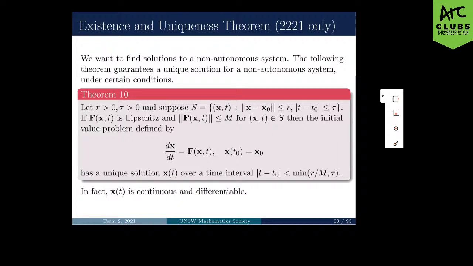What this states is that we choose some set S over which we take inputs, and the set S is defined as such. And if f is Lipschitz over this set S and its Euclidean norm is bounded from above by some value M, then this initial value problem, the generic initial value problem that we've looked at in this course, has a unique solution over this given time interval.